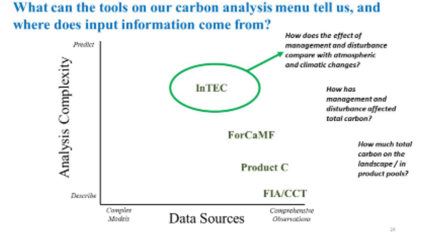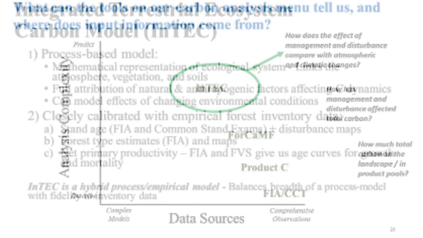And if you remember earlier, I said that we chose INTEC, which is an ecosystem process model, specifically because we can calibrate it in important ways with the same kind of empirical data that is really buttressing the other tools.